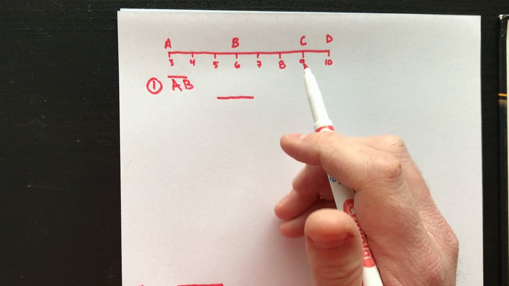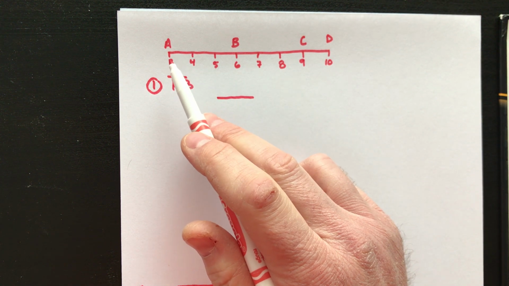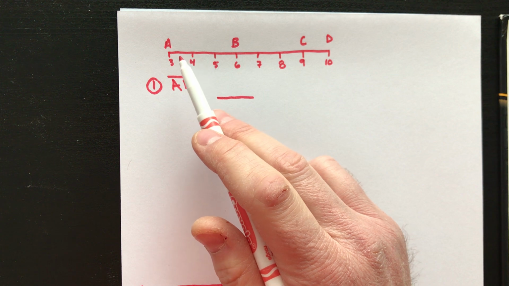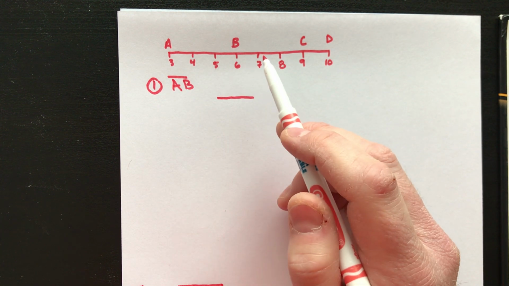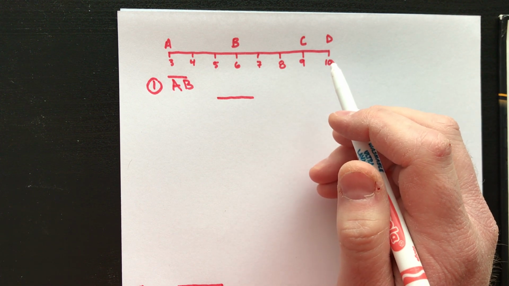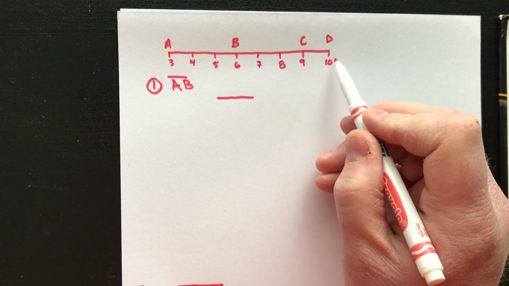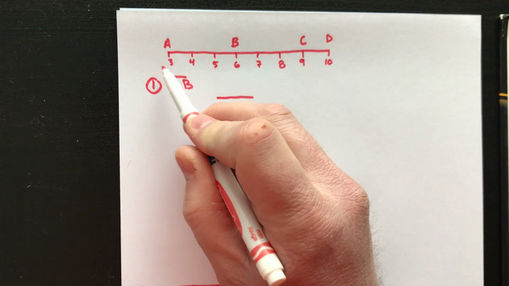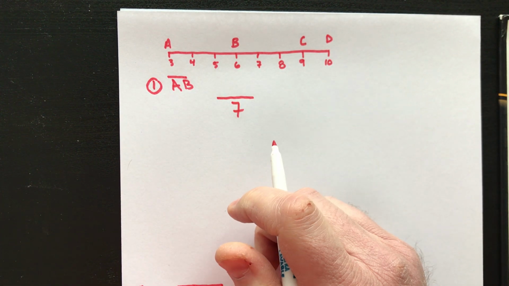Nope, that would be wrong. So let's count the empty spaces: 1, 2, 3, 4, 5, 6, 7. Or just use your distance equation: 10 minus 3 is equal to 7. So the total length of this is 7.